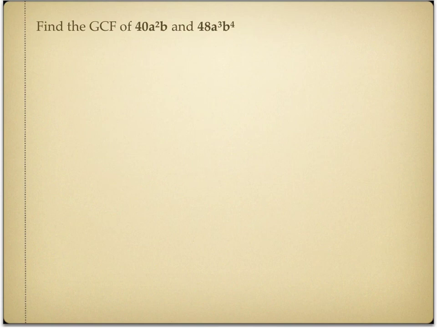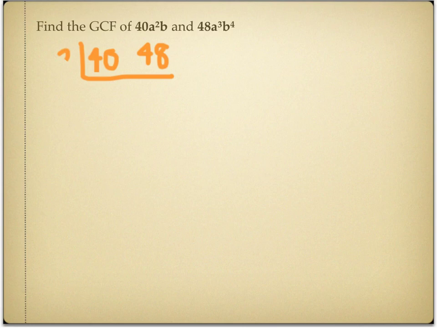Last slide here. Can I find the greatest common factor of this mishmash stuff, two monomials like that? Well, once again, I have 40 and 48. So I'm going to take a look at those and see if I can find the greatest common factor of those guys. I'm going to do it with this factor stairs method here. I know that 2 goes into each of these, so I'm going to get 20 and 24.